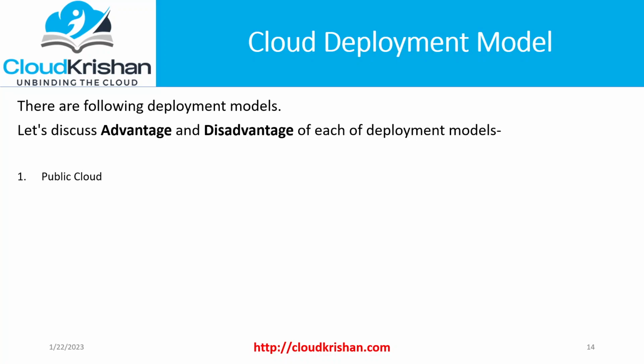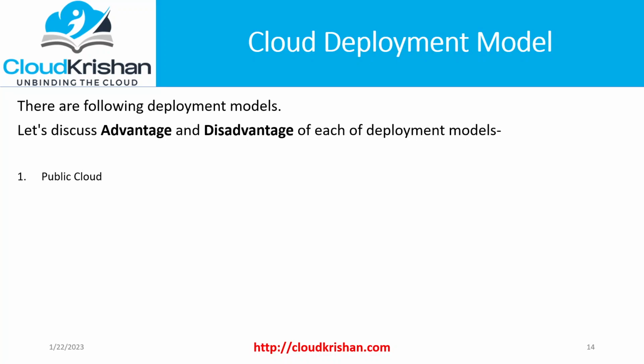So a cloud deployment model identifies the specific type of cloud based on ownership, scale, and access, as well as cloud nature and purpose. The location of servers you are utilizing and who controls them are defined by a cloud deployment model. There are some keywords which define a cloud deployment model.